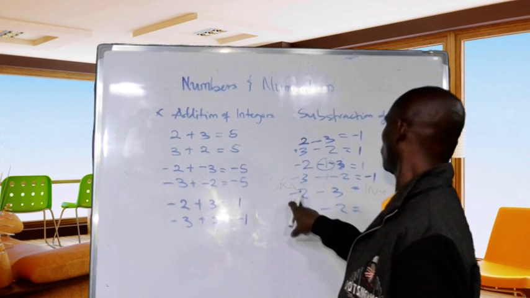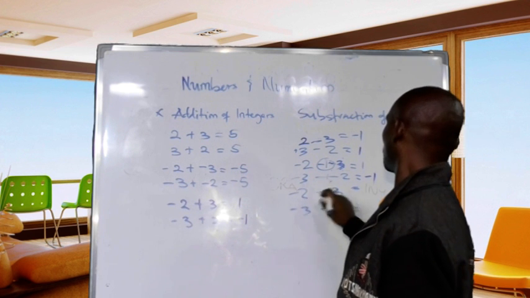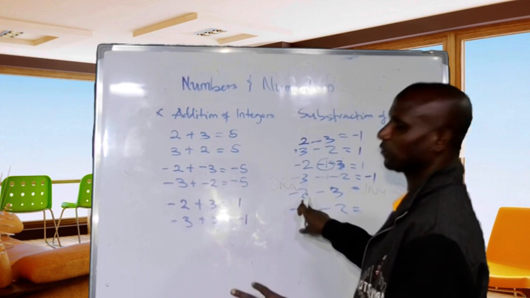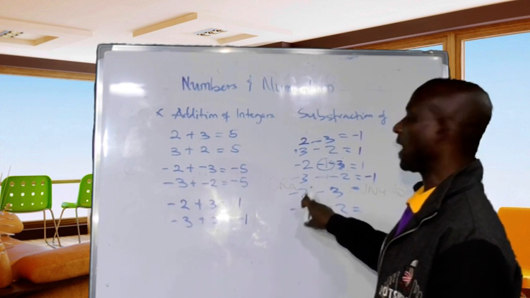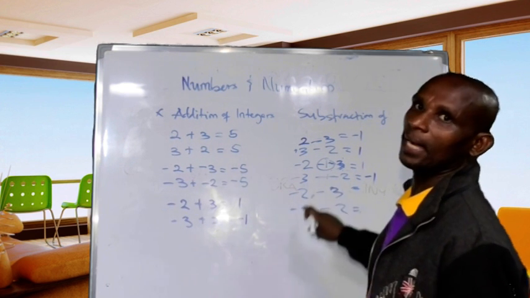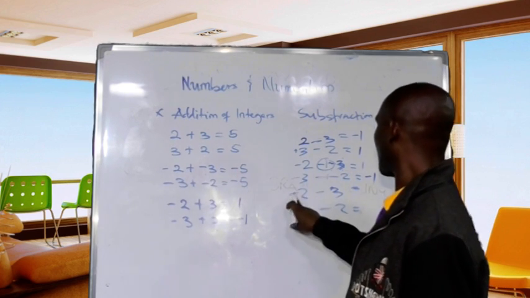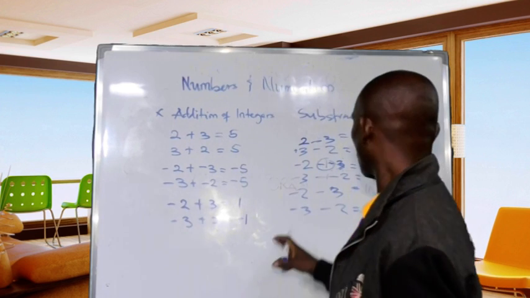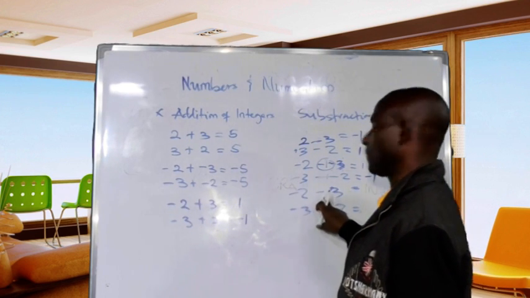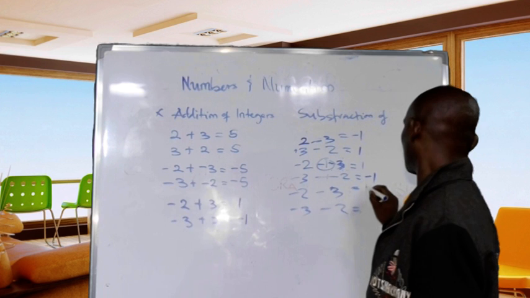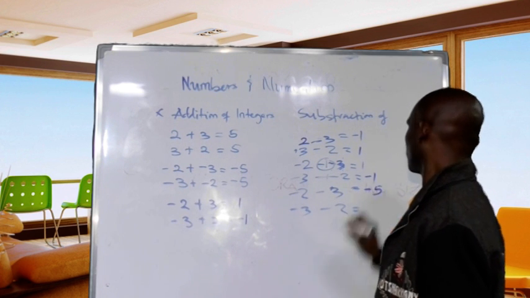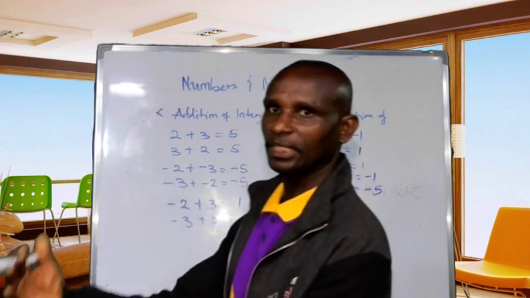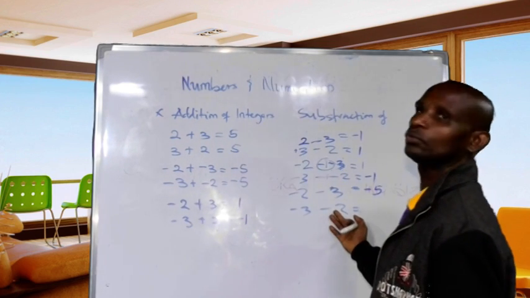Now you have minus 2 minus a plus 3. Minus 2, I'm using a small minus here and a positive number. Now it's got minus 2 and you are minusing another 3. You are owing somebody 2 and you are owing the person another 3. Your answer now becomes minus 5. Same thing is applicable here. You are owing somebody 3 and you are still owing him 2.